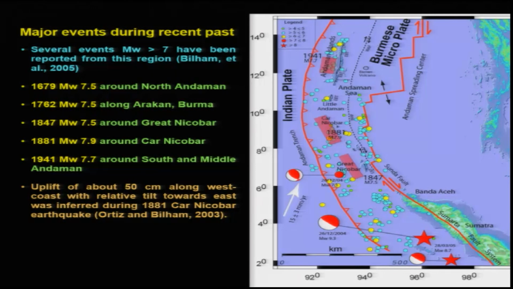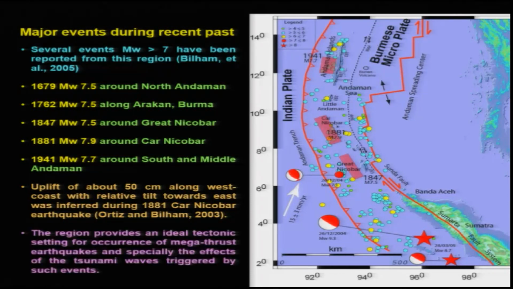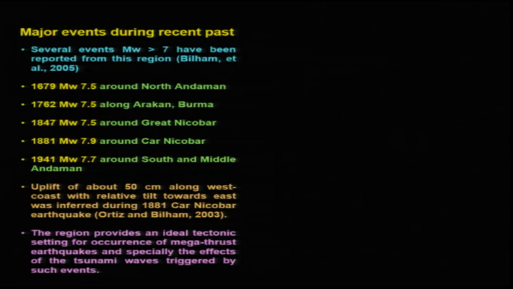Then some indications of land level change were given, in 1881 in Makran, where around 50 centimeters of uplift was recorded. This region, as I told you, is one of the ideal regions to trigger mega earthquakes as well as large magnitude earthquakes and associated tsunamis.